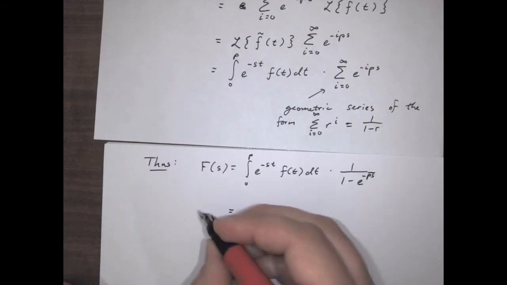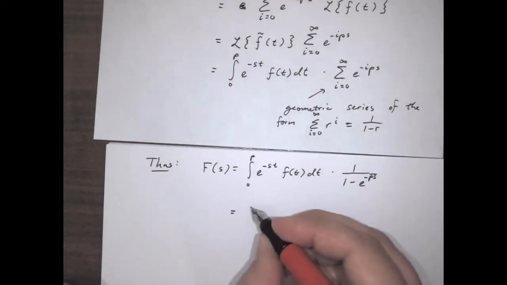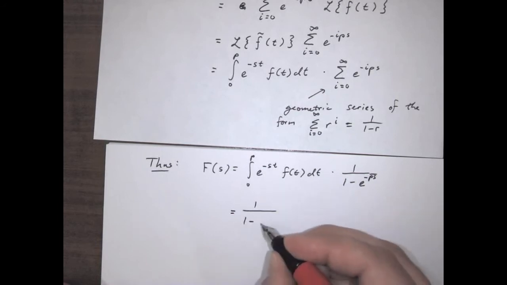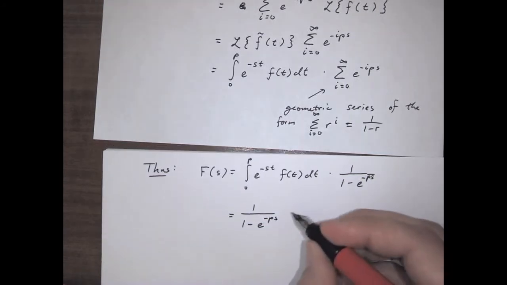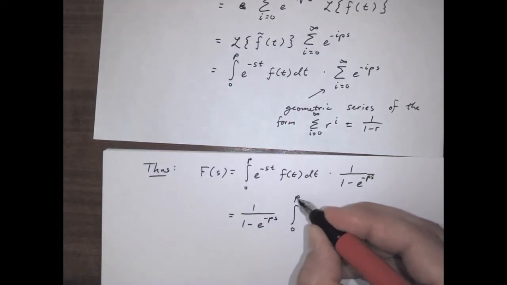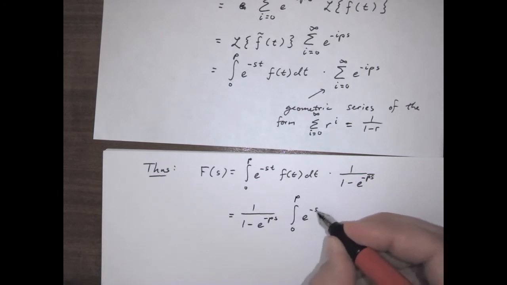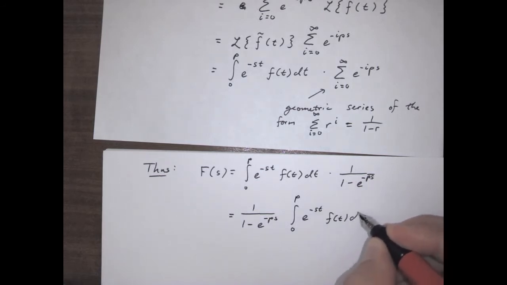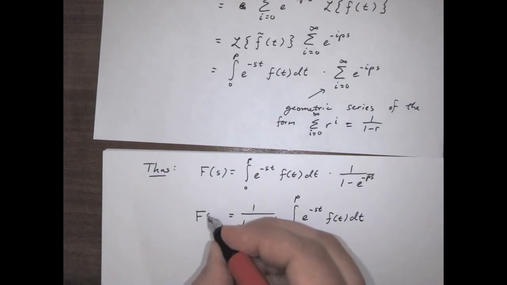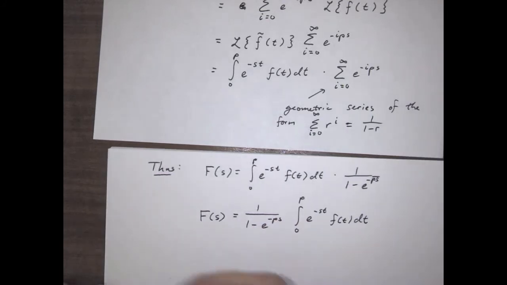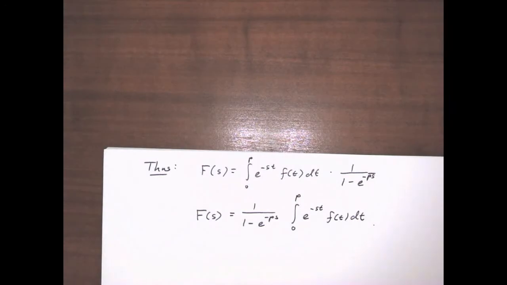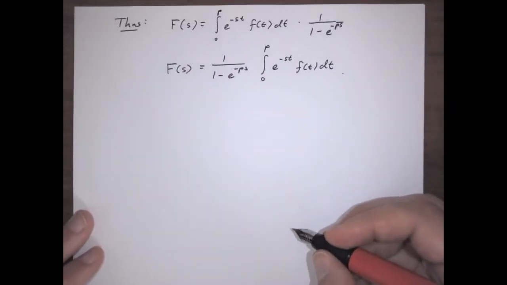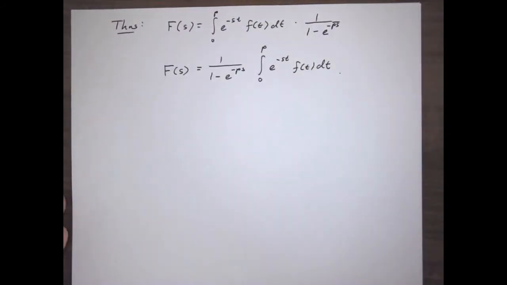This is usually written the other way just for clarity: 1 over 1 minus e to the negative ps times the integral from 0 to p of e to the minus st f of t dt. Okay. So that now is something that we will be able to use in different contexts whenever we have a periodic function and we are taking the Laplace transform.